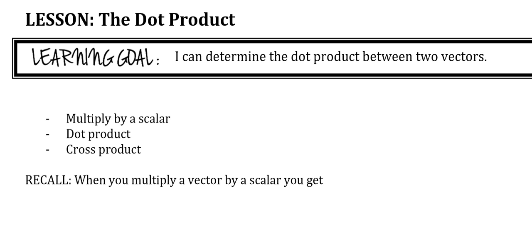So, when we multiply a vector by a scalar, what do we get? Who remembers? I think this is important to think about because it's really helpful when you're doing something that you know what the answer is going to look like, what it's supposed to look like, in case you make a mistake and it doesn't.